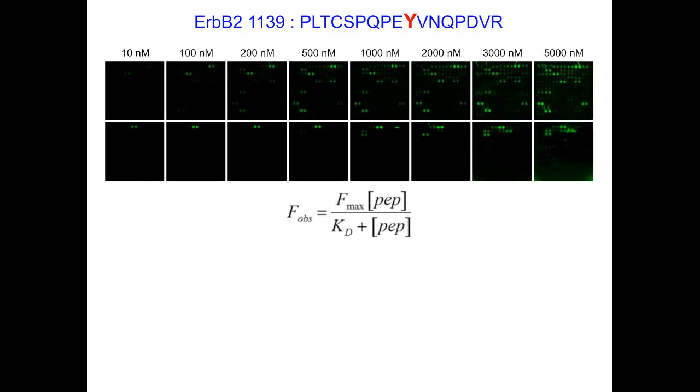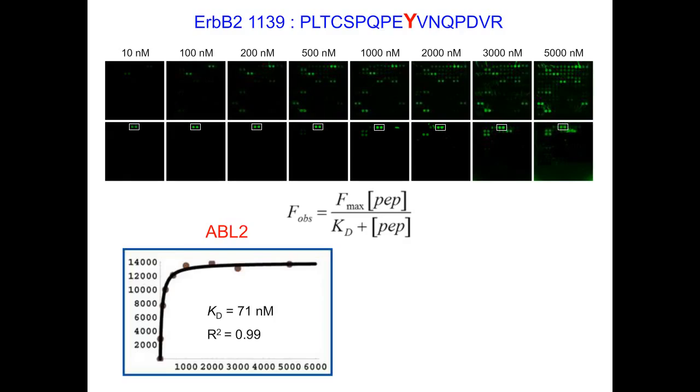And when we used a saturation binding curve, we could fit affinities. There were some proteins that maximized their signal at very low concentration, such as the ABL2 kinase that bound to this particular protein of HER2, also known as ERBB2, and the specific phosphorylation site here is tyrosine 1139.